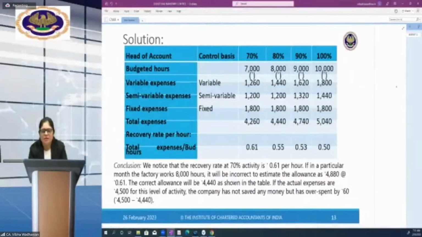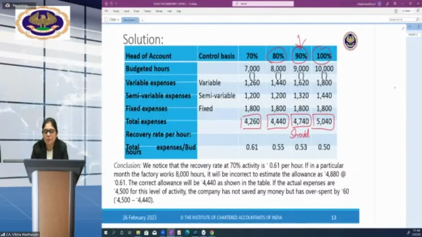So 7,000, 8,000, 9,000, 10,000. Just have a look at the solution. At 70%, the total expenses are this. At 80%, the expenses are this, 90% is this, and 100% is this. So the flexible budget gives us the cost at different levels of activity. If I am operating at 90% capacity, the cost should be 4740.